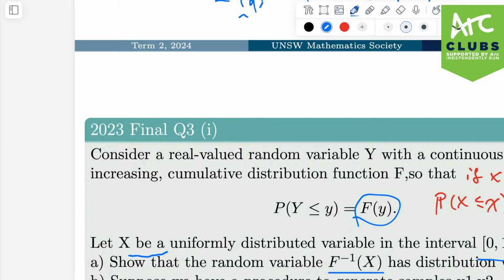Because x1, x2 is from F of X, we also have F inverse of X, but F inverse of X follows F of y. So as long as we apply F inverse on x1, x2, we generate samples from F of y. So we generate samples by using F inverse of x1, F inverse of x2.